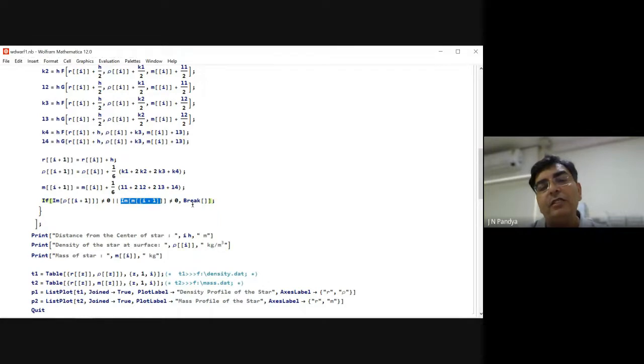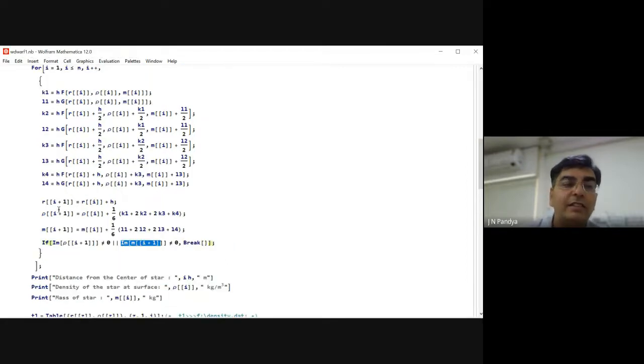In that case, you break it. Either m or rho, when they become imaginary in your system, you break the system and come out of it. Now see, in the earlier case, I used append. Here I am using some other way of doing the same thing.